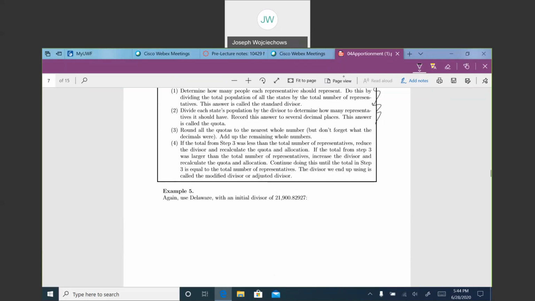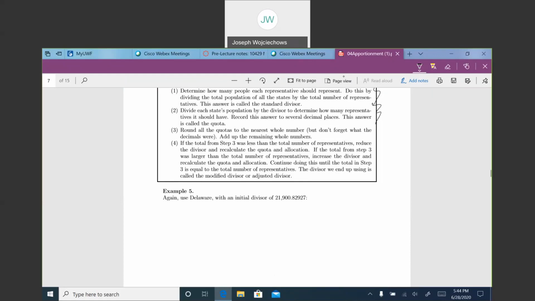If the total from step 3 is less than the total number of representatives, reduce the divisor and recalculate the quota and allocation. If the total from step 3 is larger than the total number of representatives, increase the divisor and recalculate the quota and allocations. Continue doing this until the total in step 3 is equal to the total number of representatives.